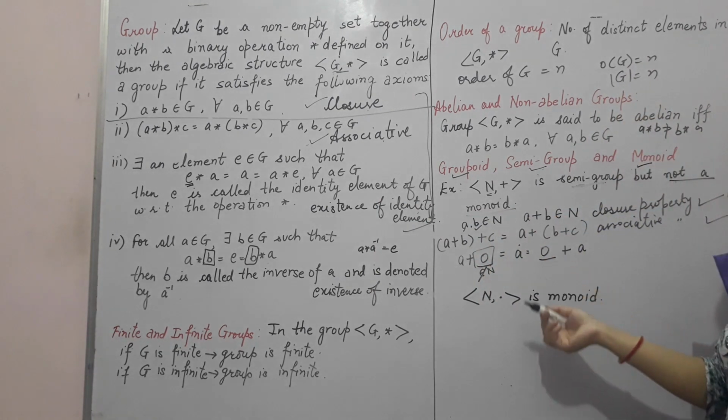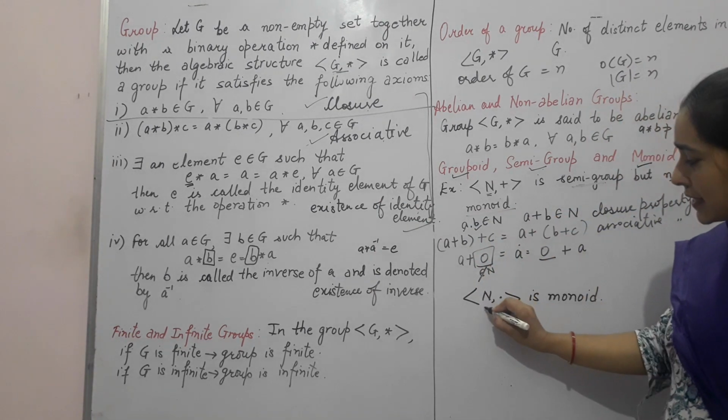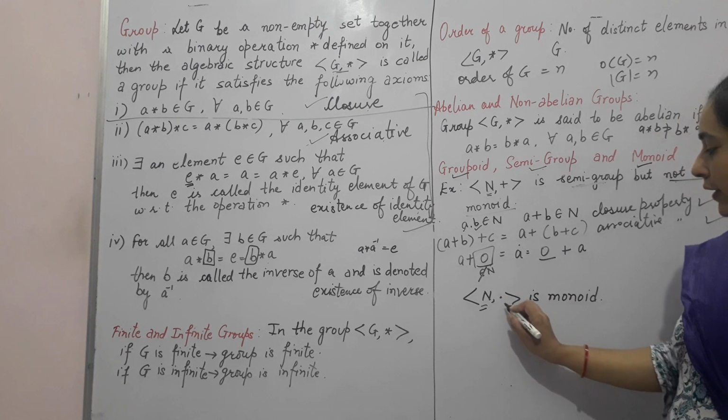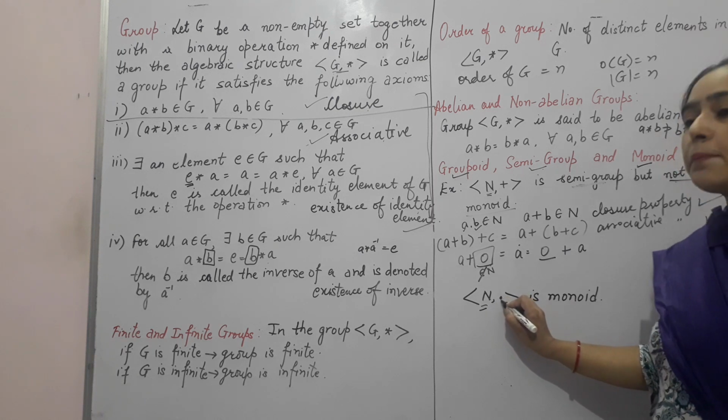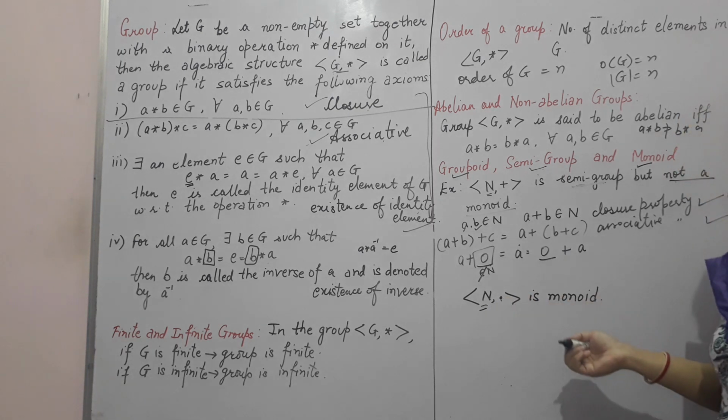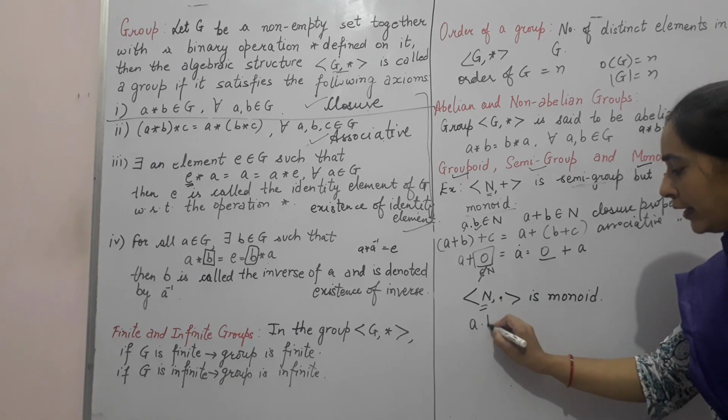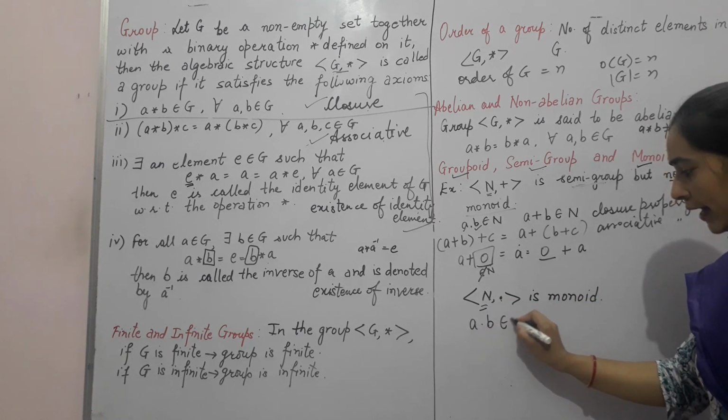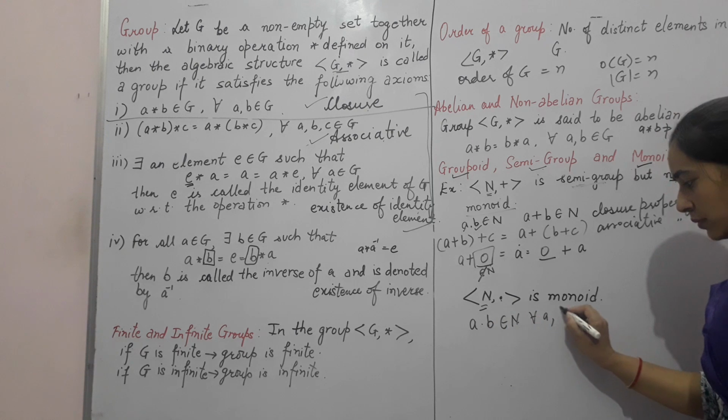Now let's take another example. The set of natural numbers with operation multiplication is a monoid. Simply, if we multiply two natural numbers, we know that it will be a natural number.